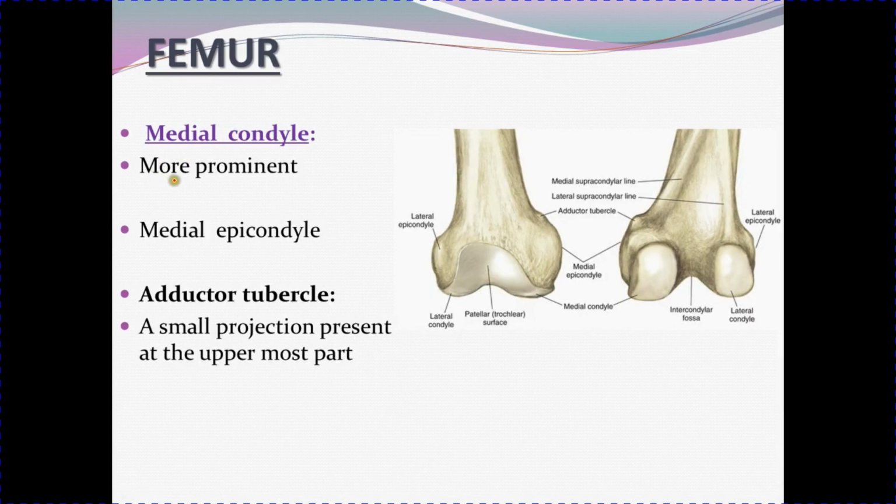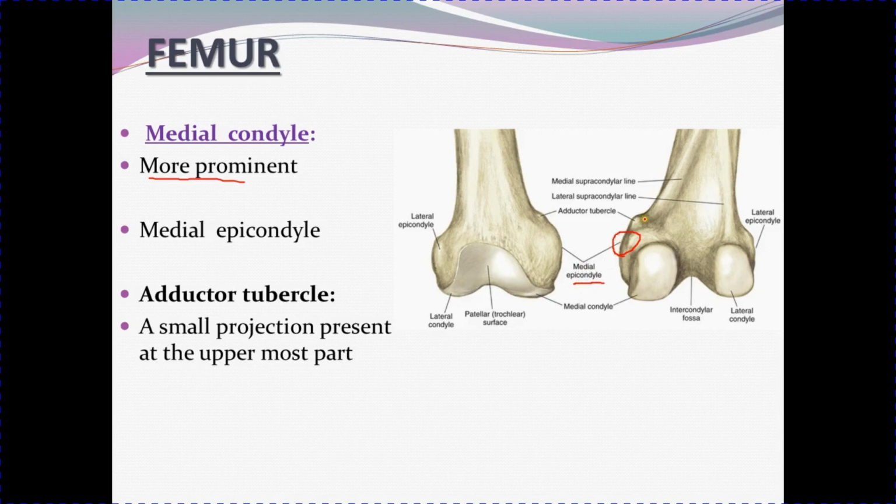The medial condyle is more prominent and it also has a small elevation which is called as the medial epicondyle. Just above the medial condyle, there is a small elevation of bone which is called as medial epicondyle.